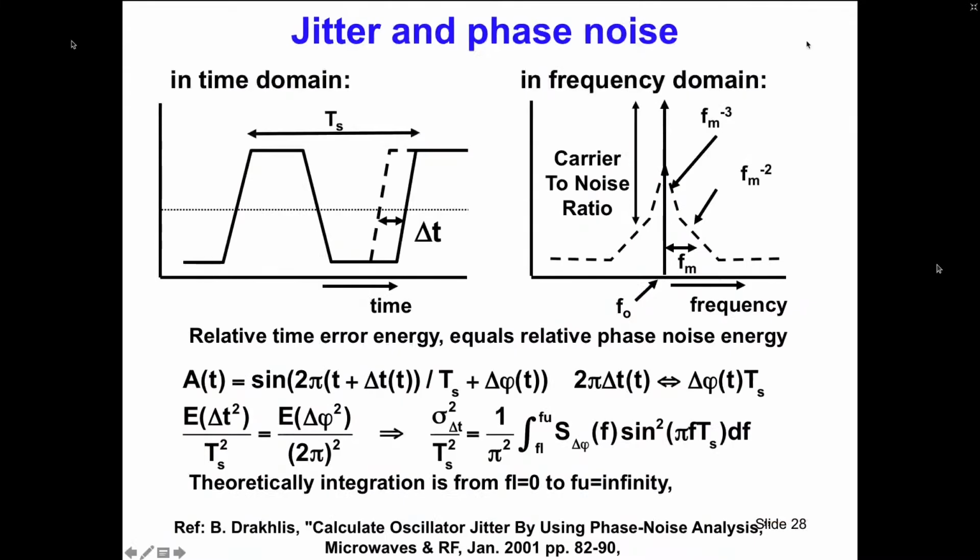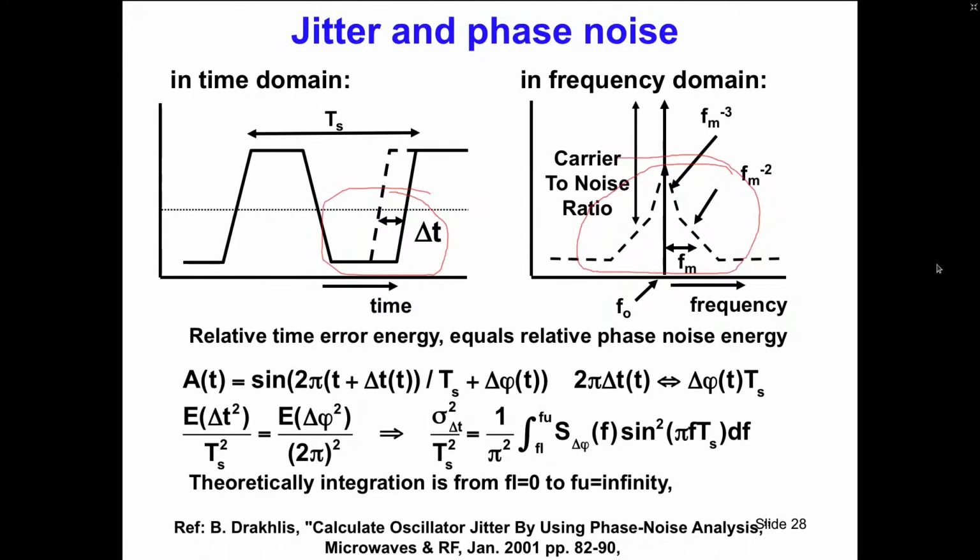Jitter and phase noise are brothers in arms. Essentially, jitter is the time domain representation of phase shifting, and phase noise is the frequency representation of time shifts.